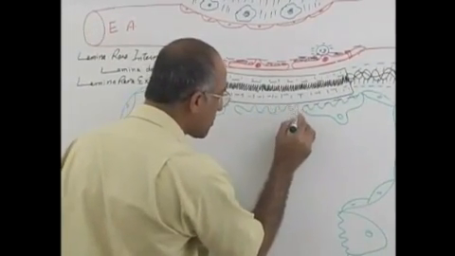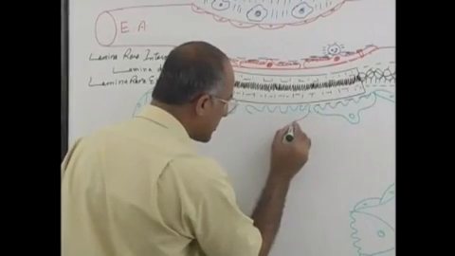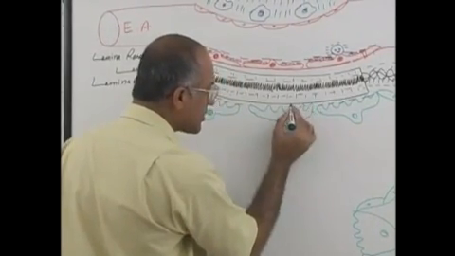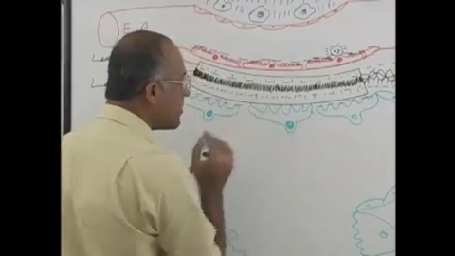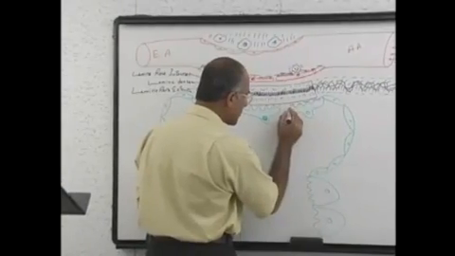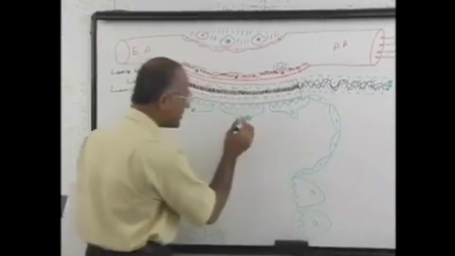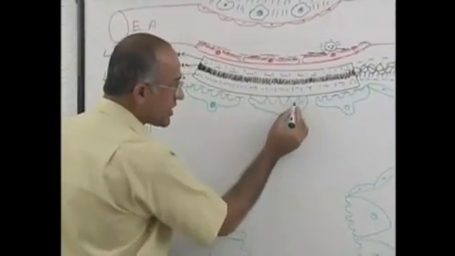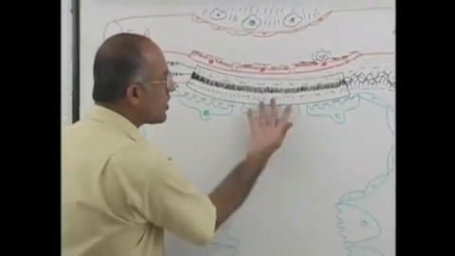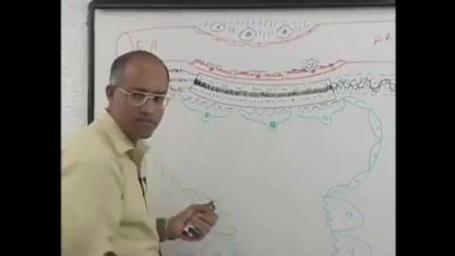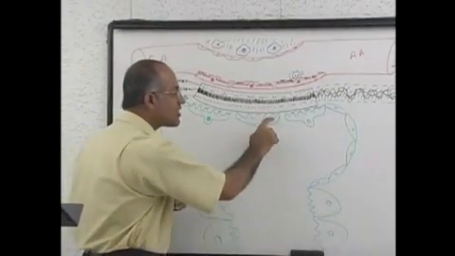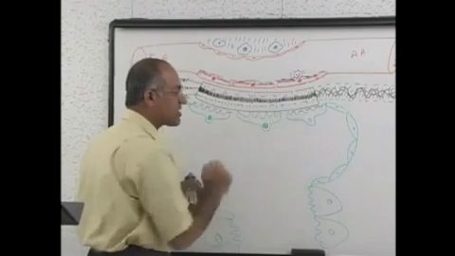With the tips of the foot processes, these cells are attached to the glomerular basement membrane. And these cells have finger-like processes, which not only help them hold on to the glomerular basement membrane, but also interdigitate from one cell to the next cell.